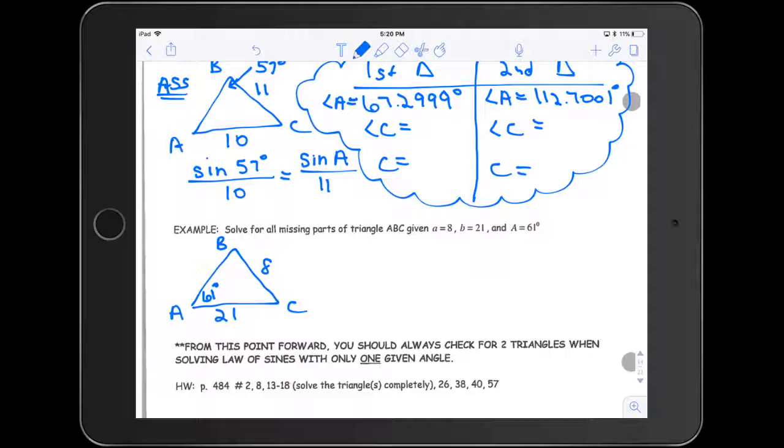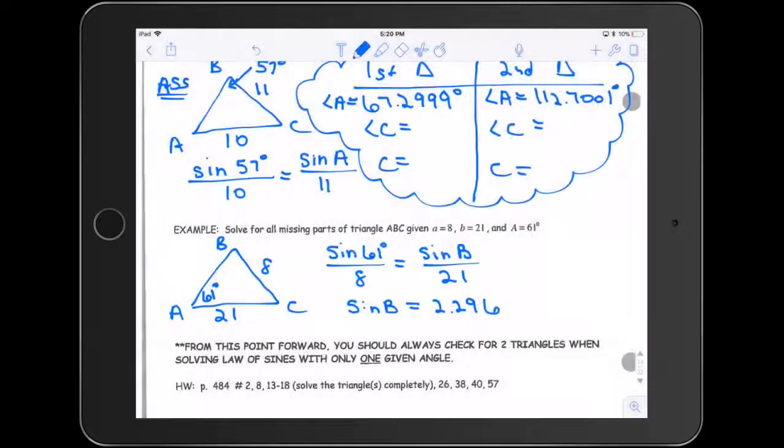So I'm going to go sine of 61 degrees over 8 equals sine of angle B over 21. I cross multiply, I end up with sine of B is equal to 2.296, and then you do your inverse sine on that and you'll find that nothing happens, or actually it'll error.